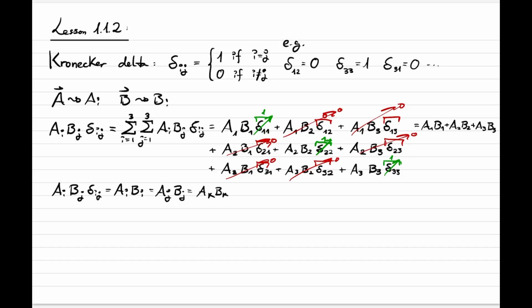So what's important is that a property of the Kronecker delta is that it makes contractions. So what does it mean? Let's say that I have now an object. Well, let's say we have also another two vectors.